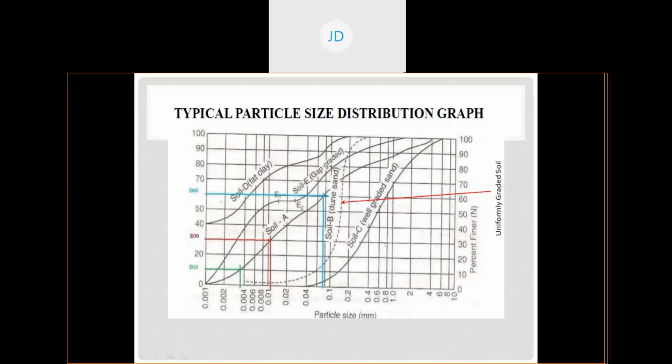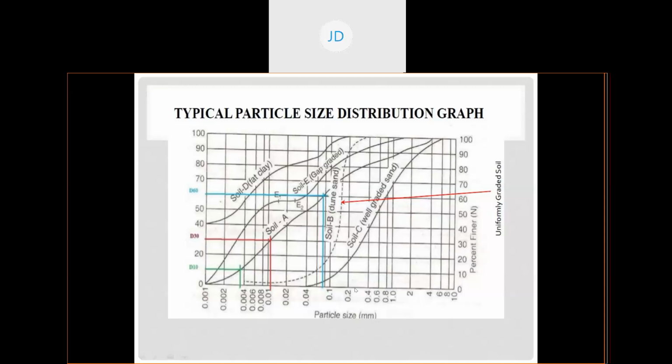Again, I'm going to repeat. If I draw a horizontal line from 30% finer up to this curve, and go vertically downward to the x-axis which represents particle size, I find one point at the x-axis, say 0.3 millimeter. What can we understand from this?